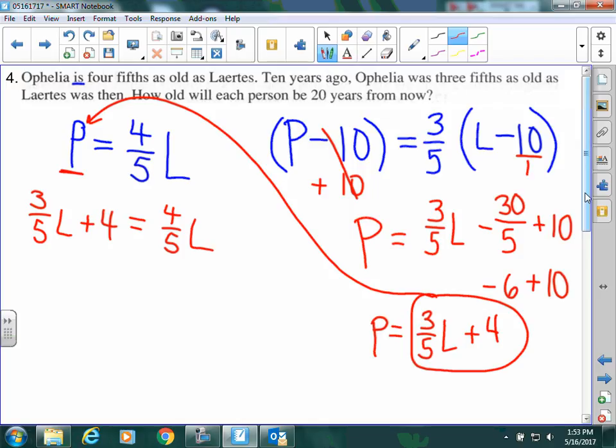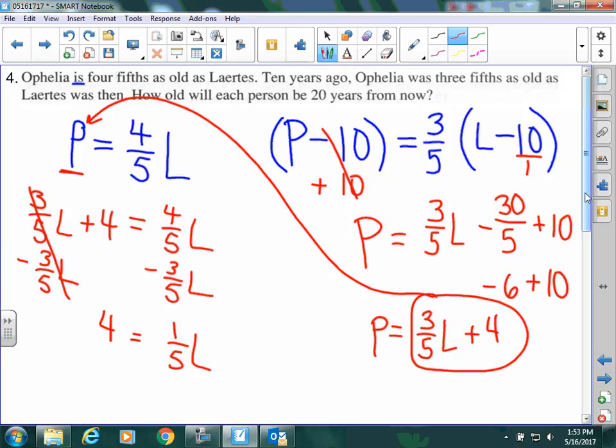So I've substituted in 3/5 L plus 4 for P. And so we call it substitution. I'm going to subtract 3/5 L from both sides. That cancels over here. If I subtract 3/5 from 4/5, I get 1/5, right? 1/5 Laertes is equal to, there's only 4 left over here, so 4.